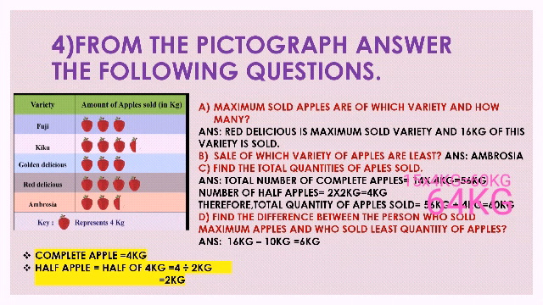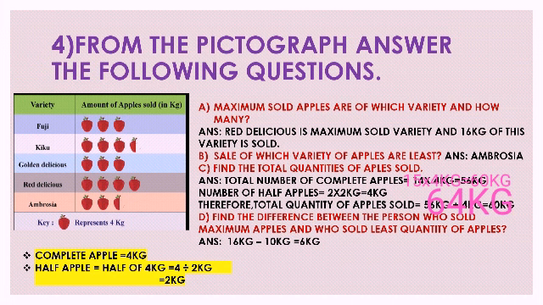Now part C, find the total quantities of apples sold. To find that, you will first count the pictures of how many complete apples are here. Look here, 1, 2, 3, 4, 5, 6, 7, 8, 9, 10, 11, 12, 13, 14, 15. 15 complete apples are here.